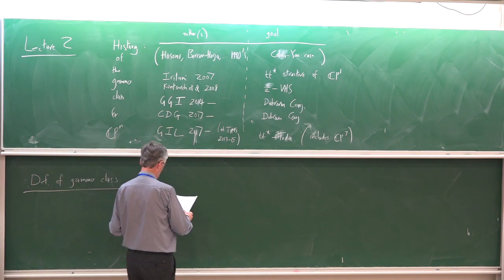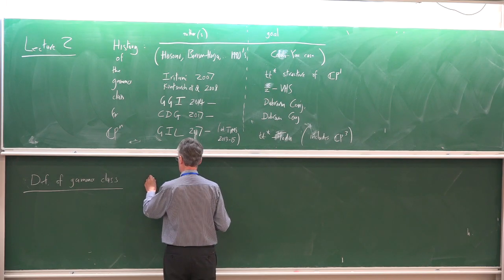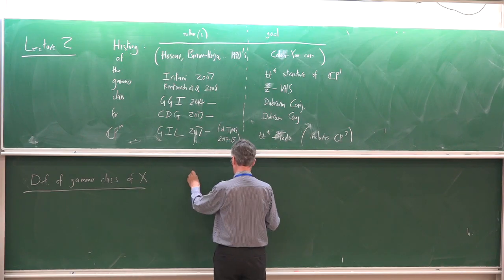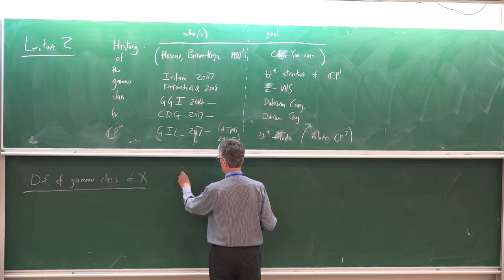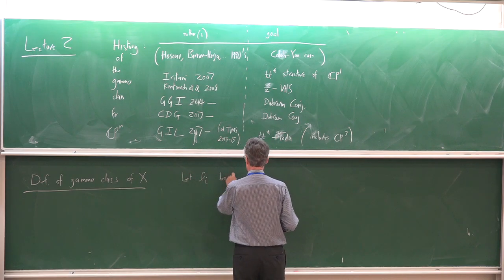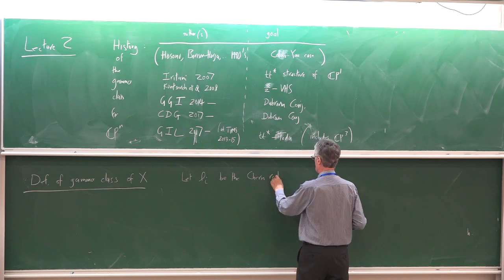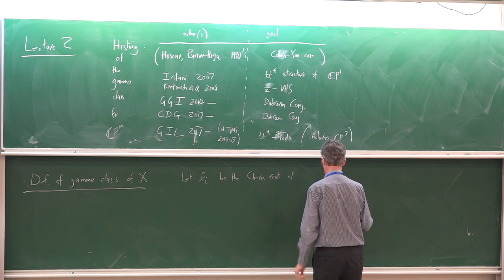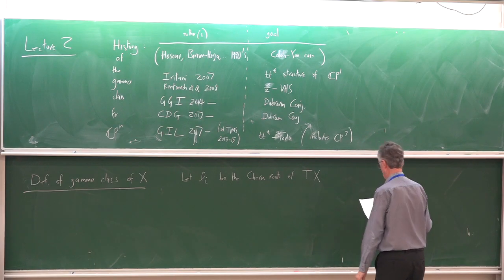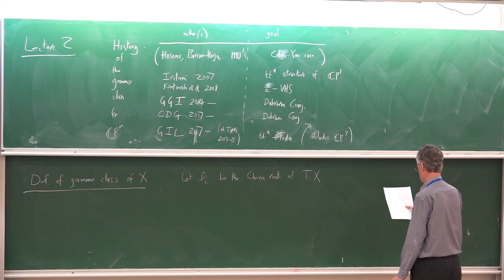Okay, well, the gamma class of a complex manifold. So let us take X. Let's write the Chern roots of, well, the tangent bundle, right? So Tx. So the splitting principle, or various ways to define this.